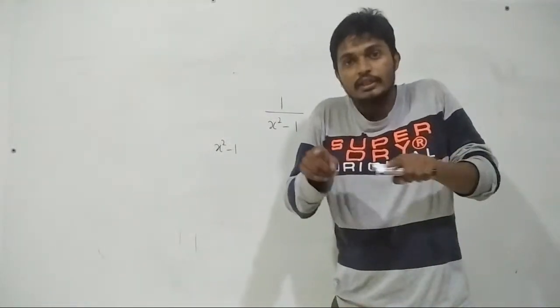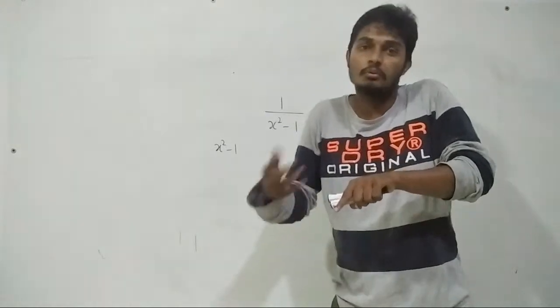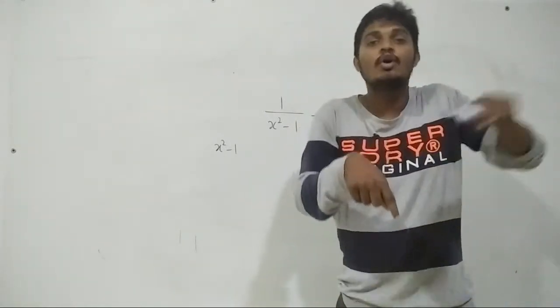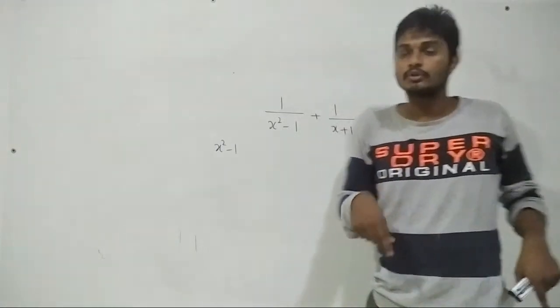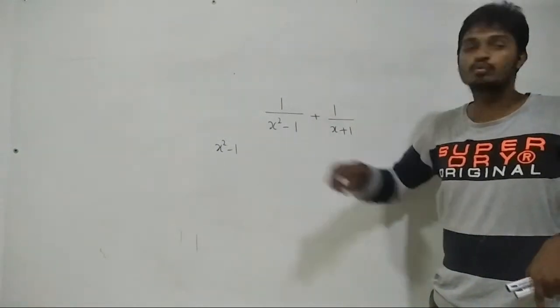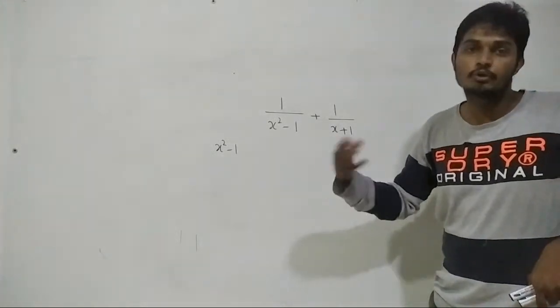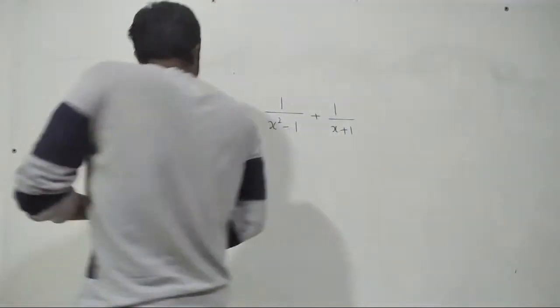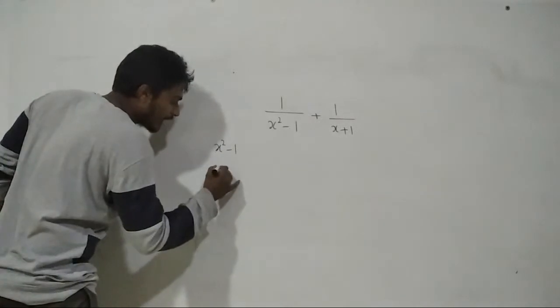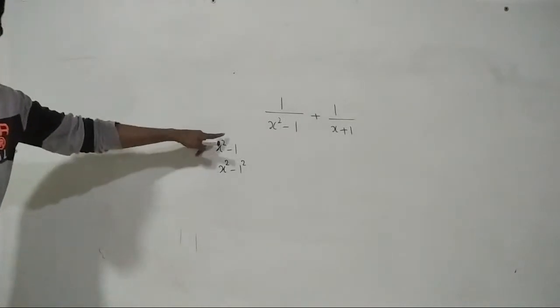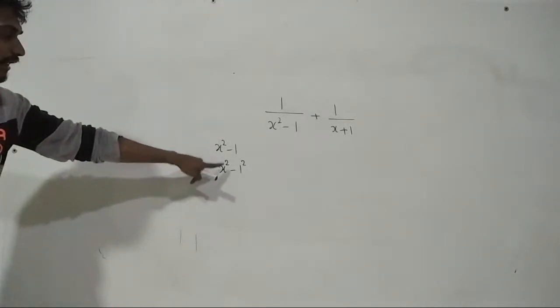Because 1 into 1 is going to make you how much? 1. So 1 squared is equal to 1, and hence 1 is a square number. To be more precise, we can write this x squared minus 1 as x squared minus 1 squared.